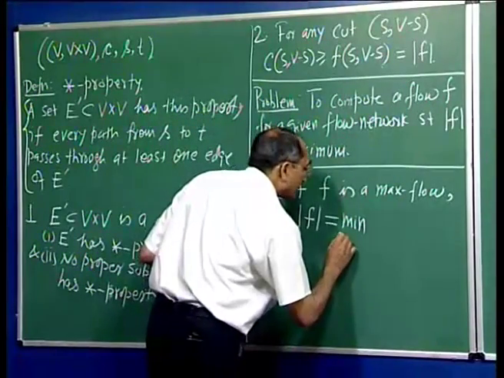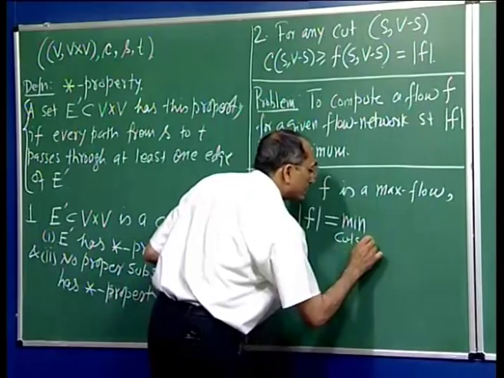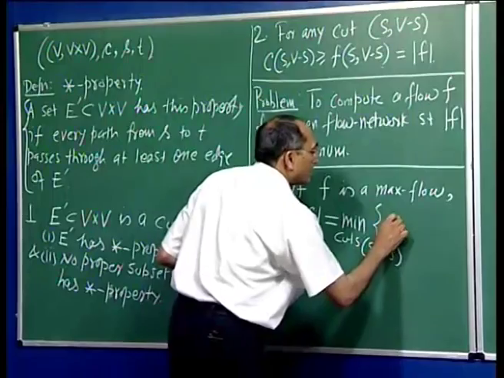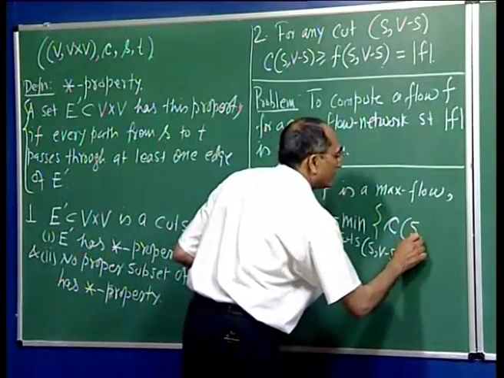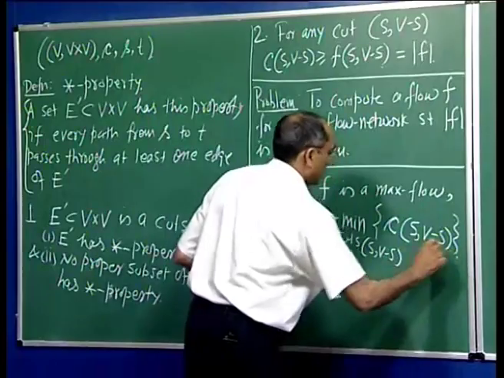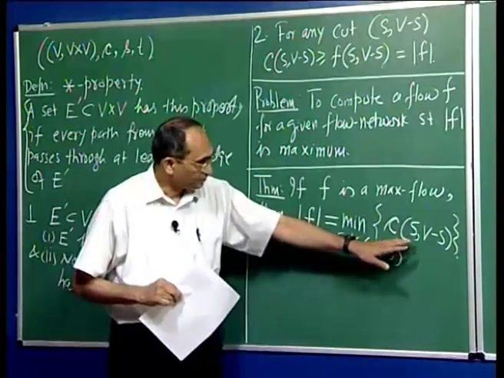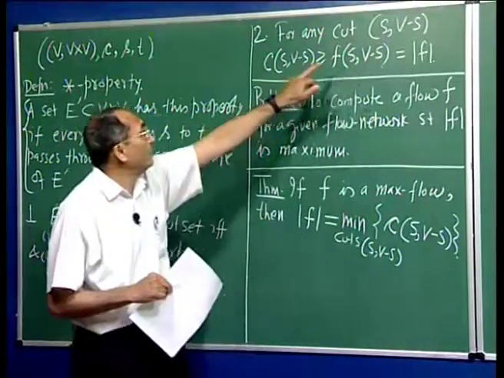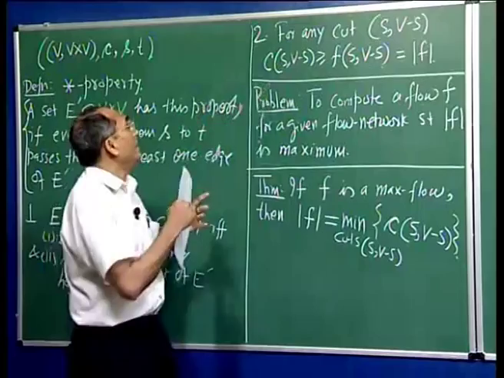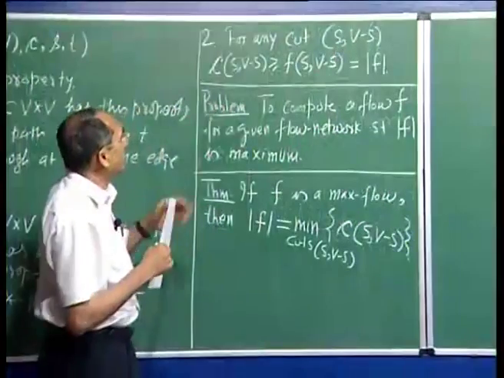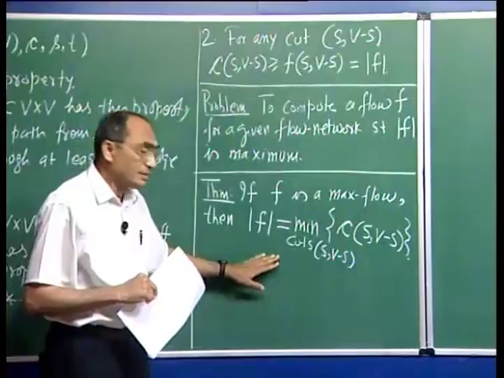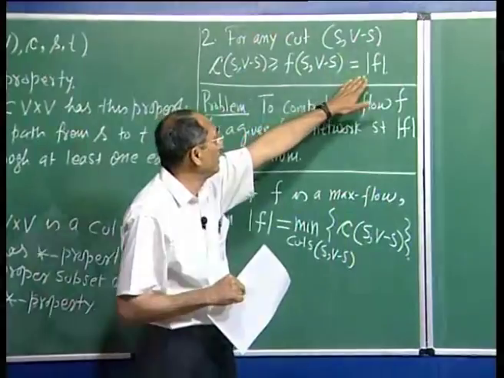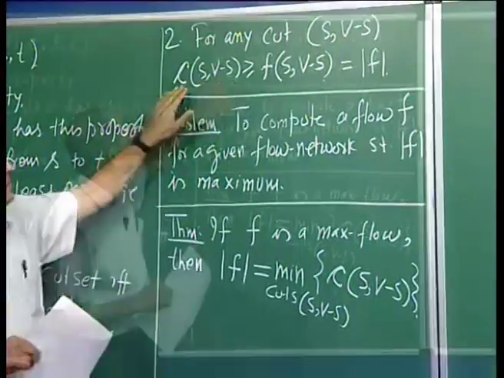So, over all the cuts S comma V minus S, the capacity of that cut. Here what we have noticed is that the magnitude of any flow is less than or equal to the capacity of any cut, and this theorem says that if the flow is maximum, then this will be equal to the smallest cut capacity.